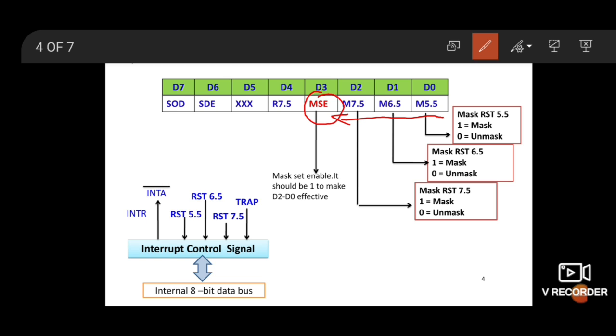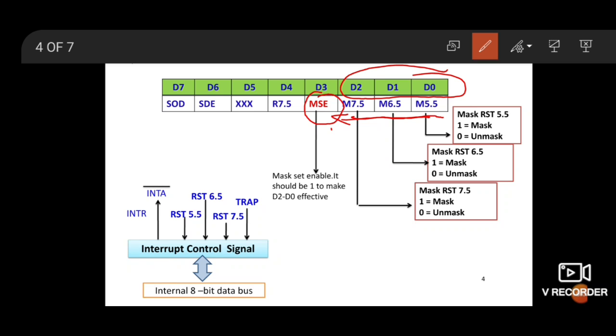If MSE is equal to 1, then these three pins work accordingly to provide the data. If MSE is 0, then D0, D1 and D2 pins are ignored. It means if you want to use these pins, first set the MSE pin.